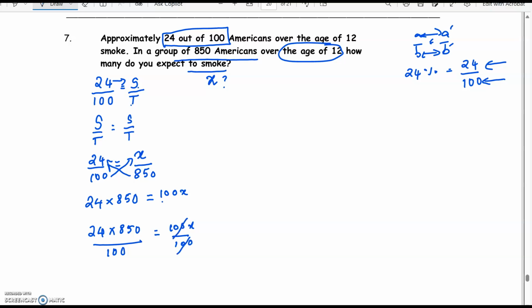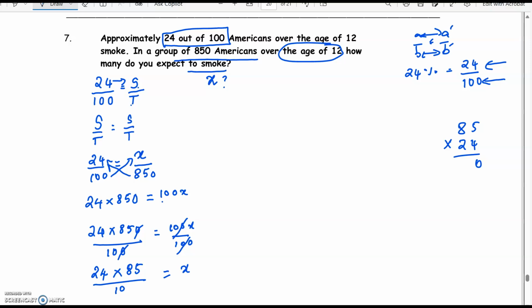Cancel common factors. So x is equal to, and we cancel, this is 24 times 85. I could either multiply these two together and divide by 10, because dividing by 10 is easy, or I could cancel common factors. Both are easy enough. But let me just do this.